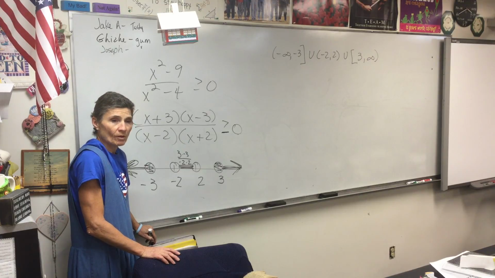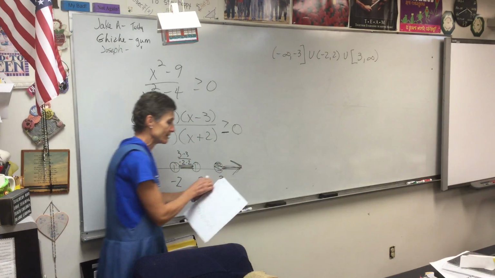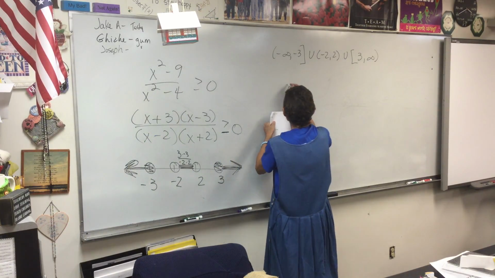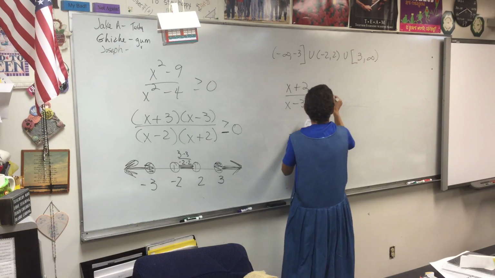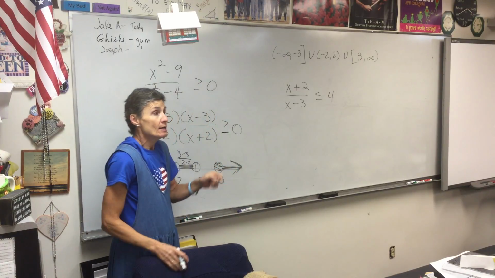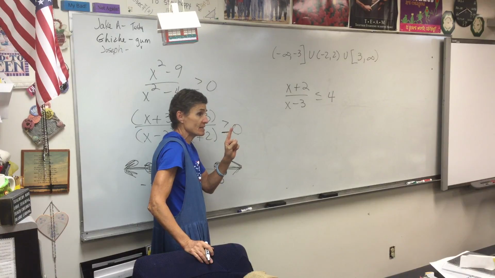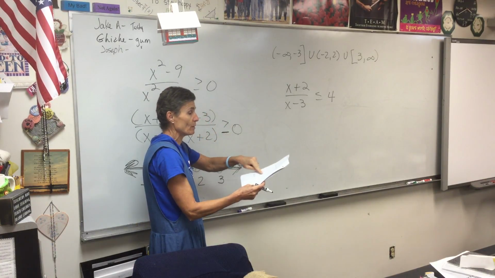Alright, so we good on this one? All right, now, take a look at the next one, number 10. What is different about number 10? There's a 4 instead of a 0. Wow. All right, kids, listen. You gotta have 0. I want you to look at all the inequalities that we've done.